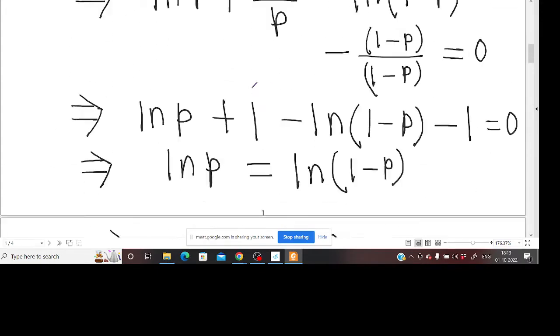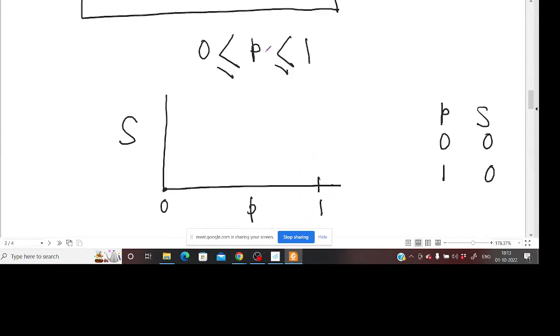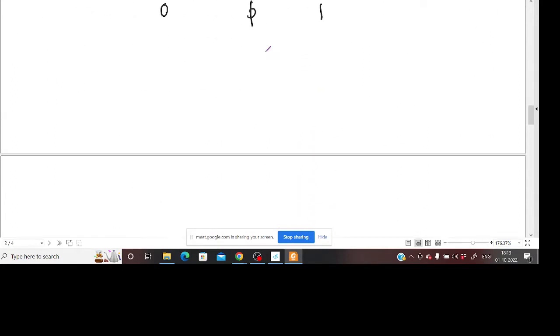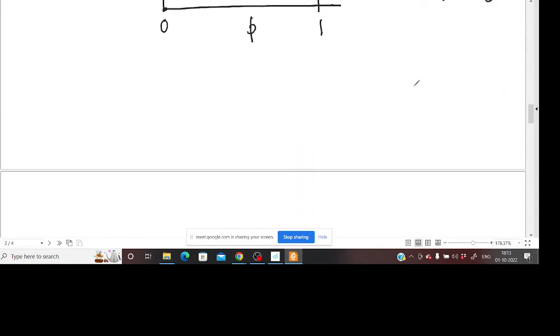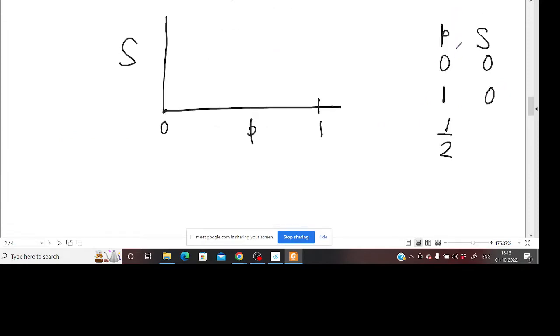S is maximum. But what is the value of this maximum? Let's find out. Let's see what happens if p is equal to half.